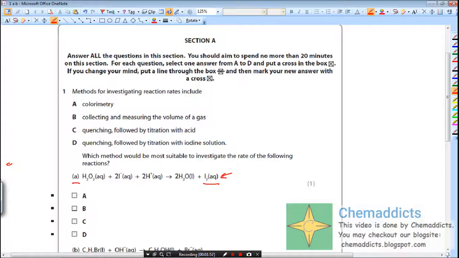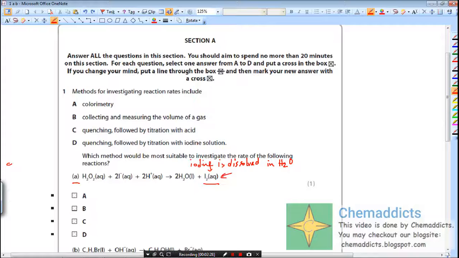Aqueous simply means that something is dissolved in water.